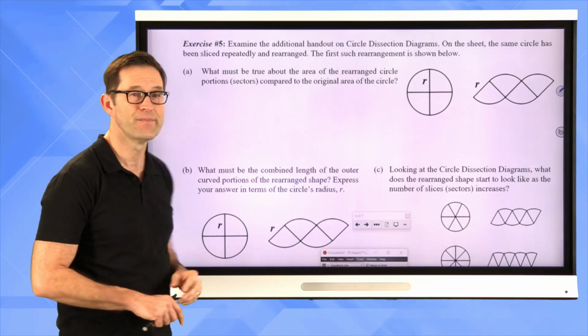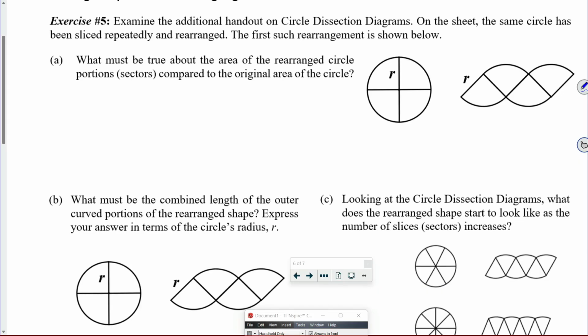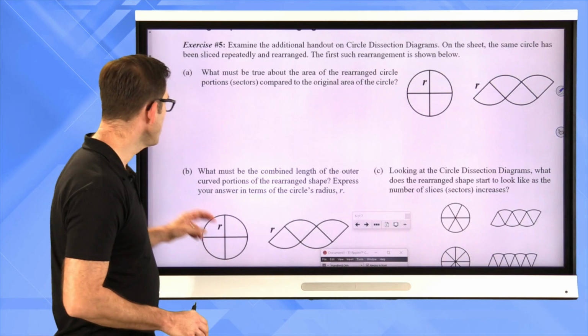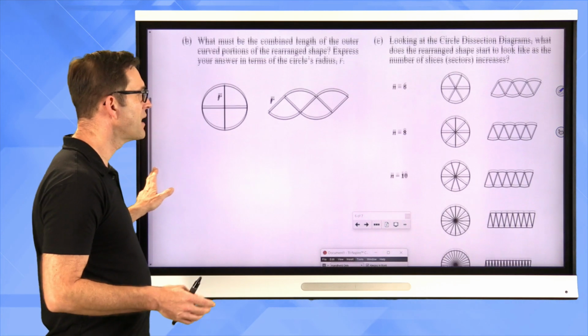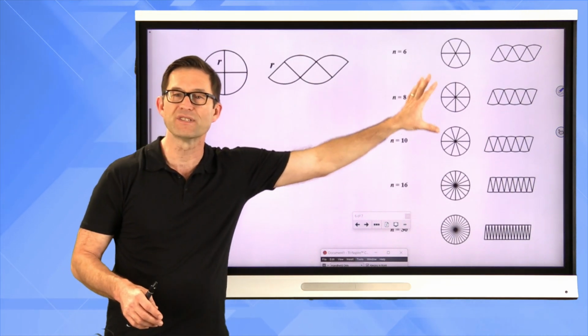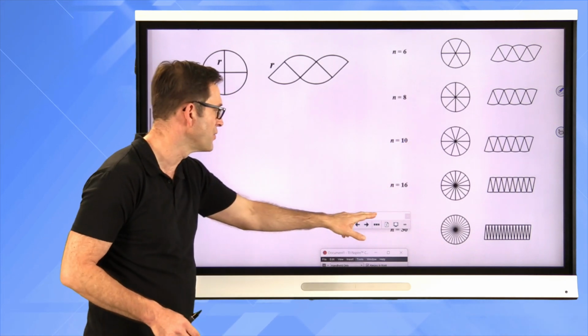Exercise number 5. Examine the additional handout on circle dissection diagrams. On the sheet, the same circle has been sliced repeatedly and rearranged. The first such rearrangement is shown below. Now, I don't have that worksheet up and handy, but these are the pictures that you see on it, so hopefully you're taking a look at those right now.